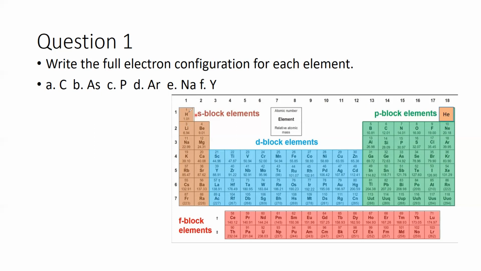We can put one electron there. Then we move over to helium. This is the second element in the first row of the s block. This is 1s2. But we're not at carbon yet. The goal here is to make it to carbon, and right now we're at helium. So we continue on because we haven't hit carbon yet.